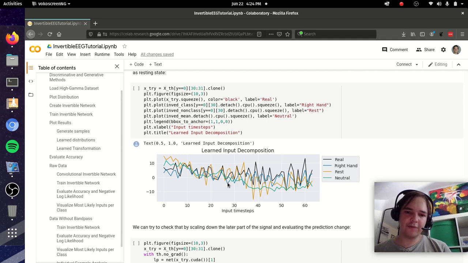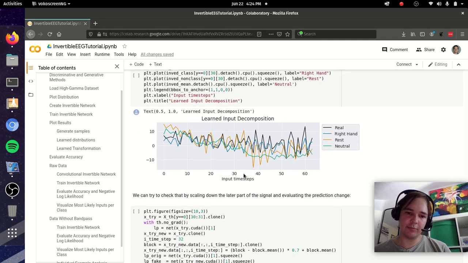We can try to verify that by asking what would happen if we take the second half of the signal and scale it down. Basically, we'll leave the first part of the black line intact, but the second part we will scale down a little bit and see what happens.